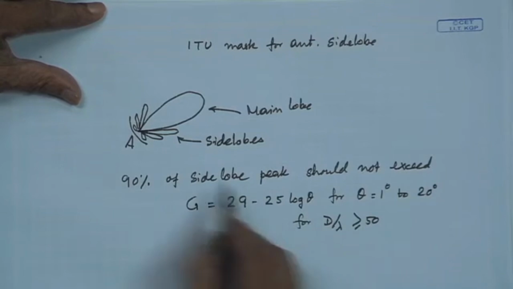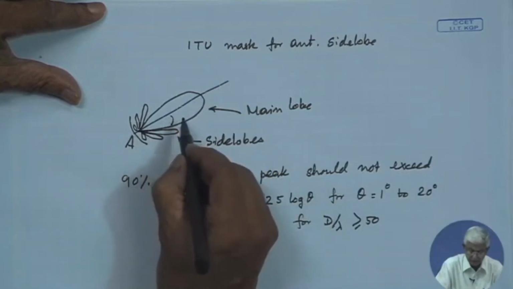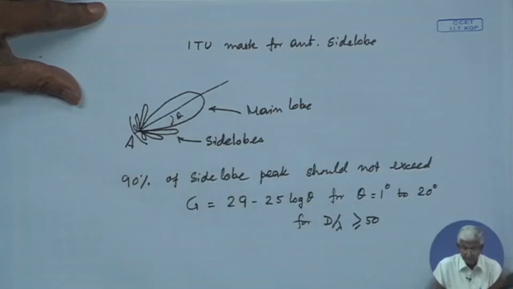Theta is the angle from the bore side. This is theta. So, these are certain regulatory aspects for large station antennas.